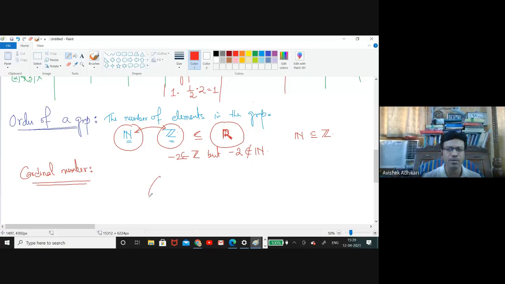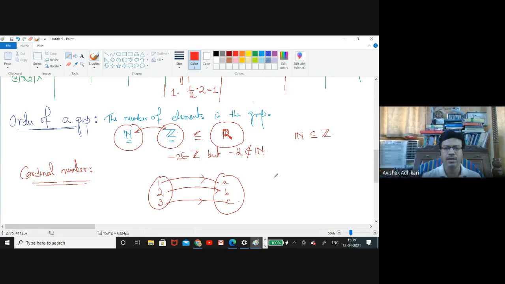For example, suppose I have one set {1, 2, 3} and another set {A, B, C}, and I have defined a function like this: 1 goes to A, 2 goes to B, and 3 goes to C.